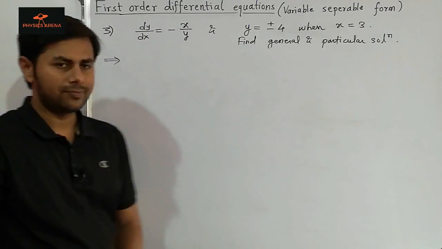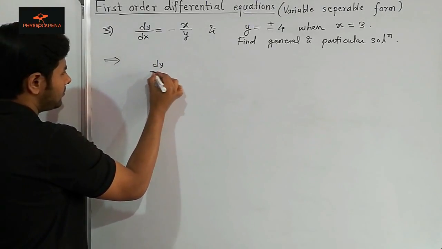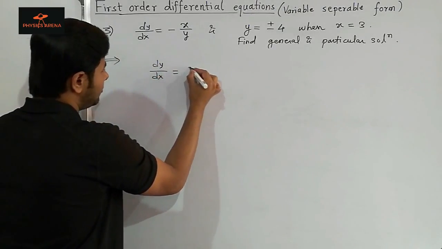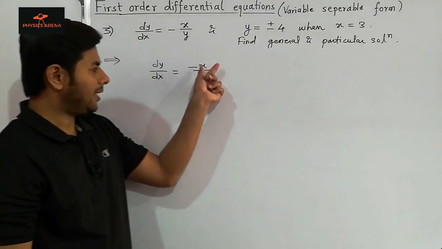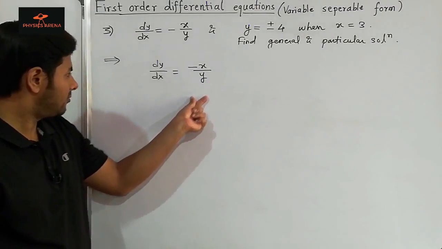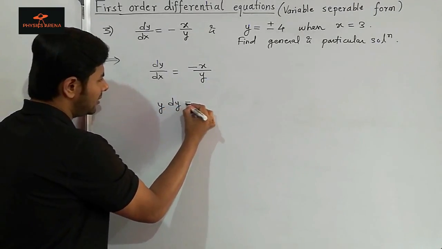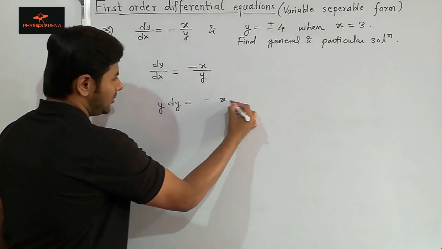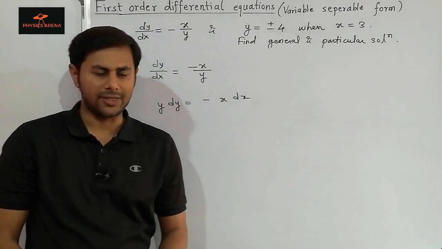So this is the problem. It's very simple. We have dy by dx equals minus x over y. So it is a function of x divided by a function of y. Now let's take this y on this side. So we have y dy equals minus x dx, and now let's integrate this.